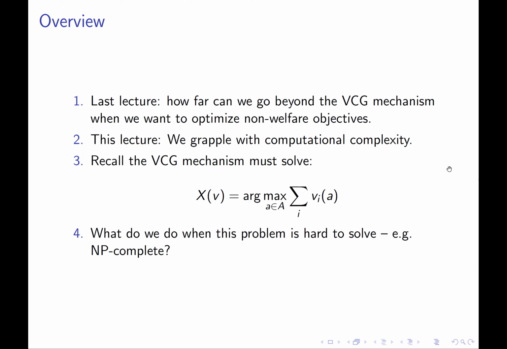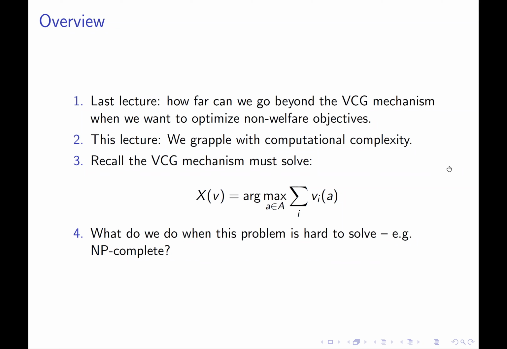Or even more complicated things like the spectrum auctions that the Federal Trade Commission, or rather the FCC, ran several years ago to try to buy back spectrum from legacy users like broadcast TV stations, for those of you who are interested in prehistoric technology, and resell the spectrum to wireless carriers subject to all sorts of complicated combinatorial constraints imposed by the physics of radio interference.